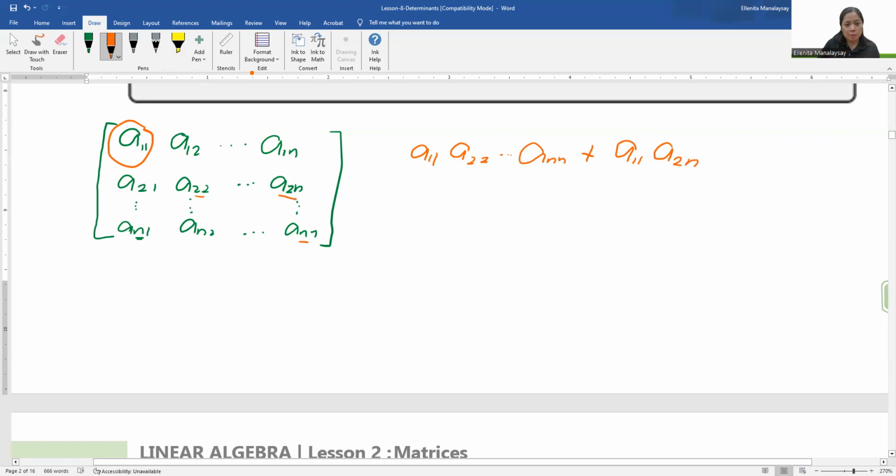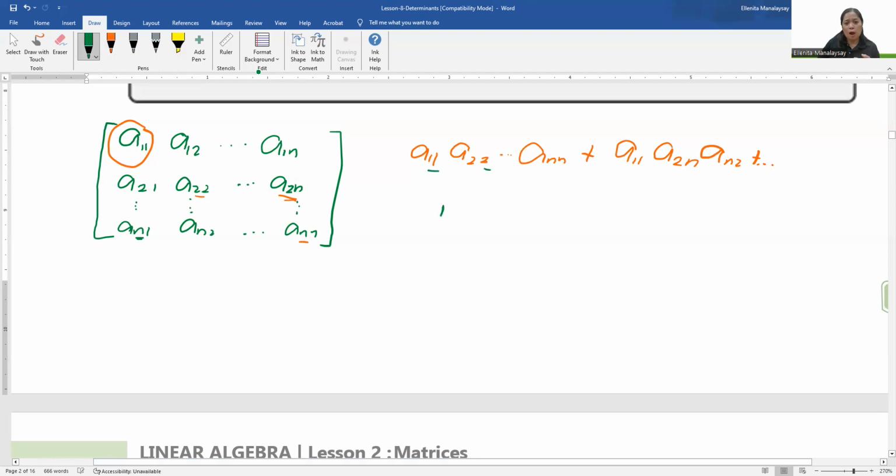A2n, the second one. So, if we get an entry from the nth row, we can no longer get from the nth column. So, we can take, say for example, An2, and so on. So, we continue the process, and then we consider the permutation or arrangement with respect to the columns.